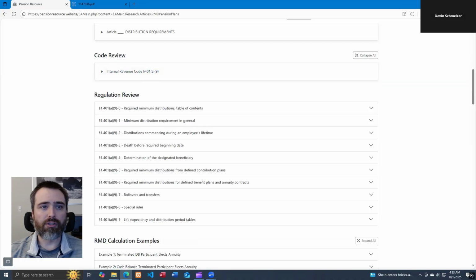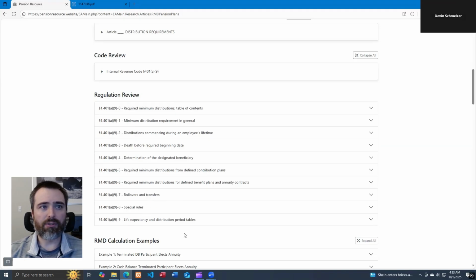There are 10 regulations for us to consider for required distributions. There is a table of contents regulation, a general reg, during one's lifetime, death before the begin date, determination of the beneficiaries, distributions from DC plans, distributions from DB plans, rollover special rules, and lastly, life expectancy table regulations.